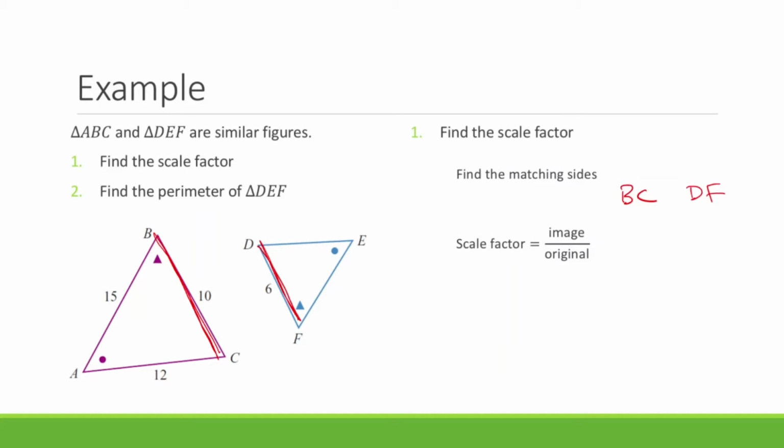There's a couple of ways to tell this. The way that I like to do it is they are both opposite the dot. Another way you could do it is you've got the triangle and nothing, triangle and nothing. So 10 and 6 are the matching sides.